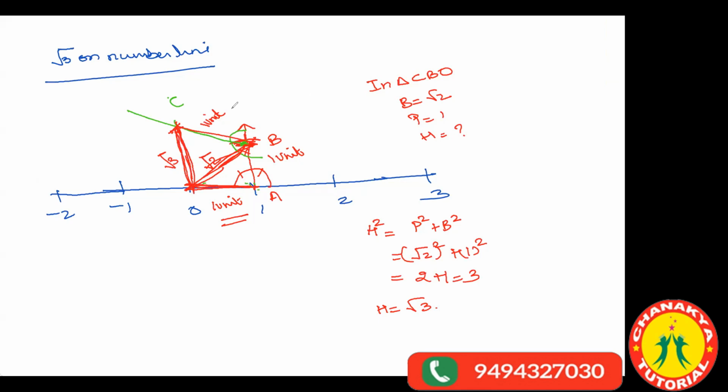Taken? Yes, ma'am. Now put your compass at O point only. Now start drawing an arc which will intersect this C point, like this, in dotted line. So it will intersect the number line between 1.5 and 2, if you observe. So it will be root 3.